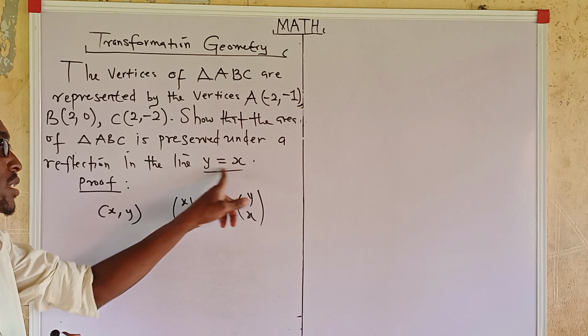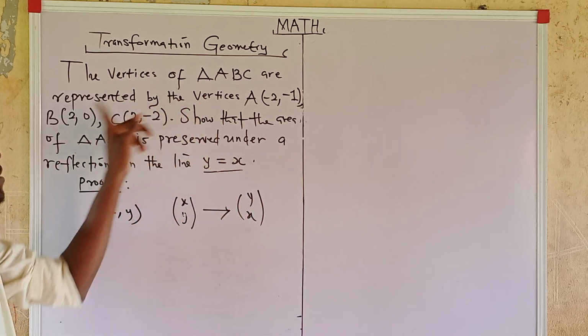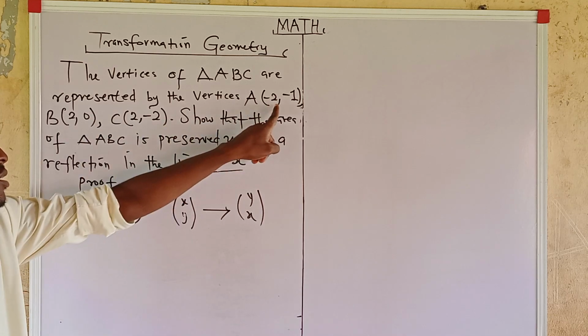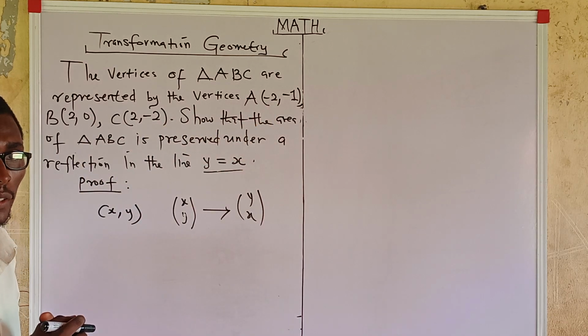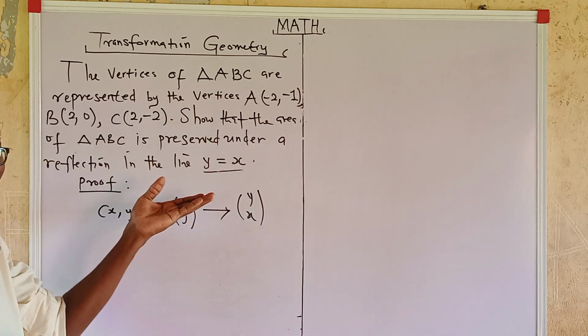So under a reflection in this line, this will be the new coordinates. That means that if we are to reflect this, there will be an interchange of position. That is the meaning, all right? So with this knowledge, we'll be able to solve this problem.